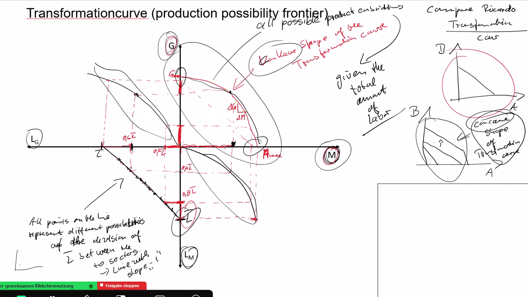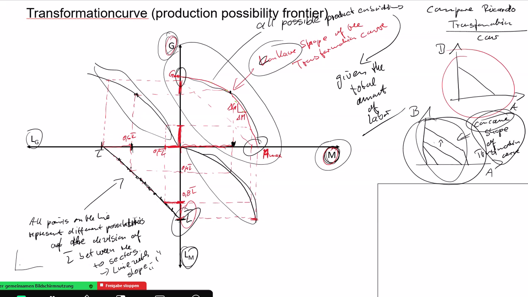And why is it similar to the Ricardo model? Well, of course, in the Ricardo model, you also can think that there are not only two countries, but that there are many, many countries, all with transformation curves with different slopes. But then how do I get the aggregated transformation curve of, so to speak, 10 countries?